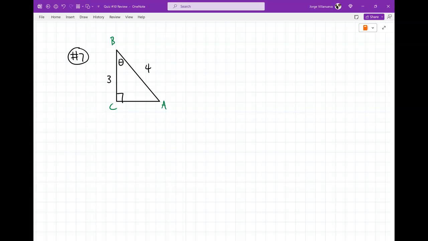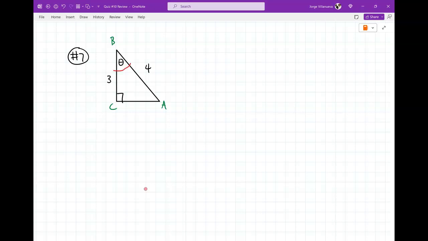So number 7, again, we do have a right triangle. We have a side of 3, a side of 4, a side that's not mentioned, which is AC. We do have our angle. Angle B is theta. We're just going to use what's given and figure out what our angle is. I'm going to focus on theta.